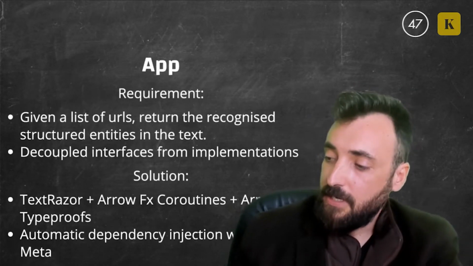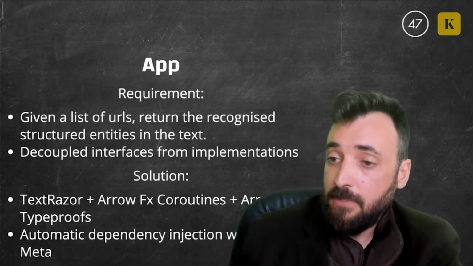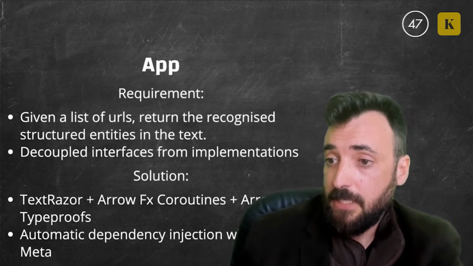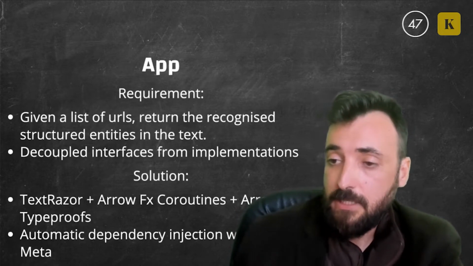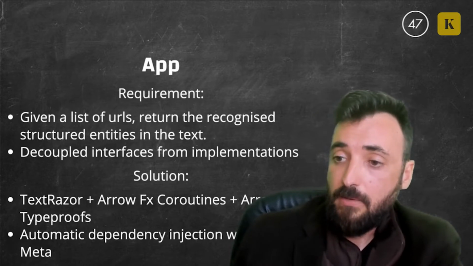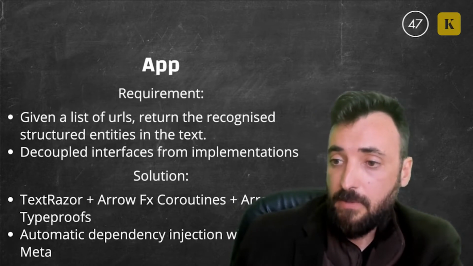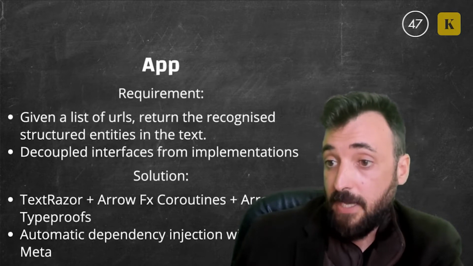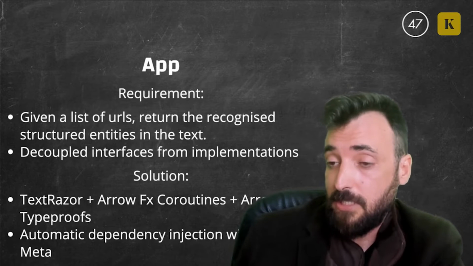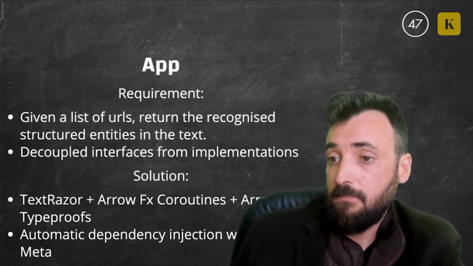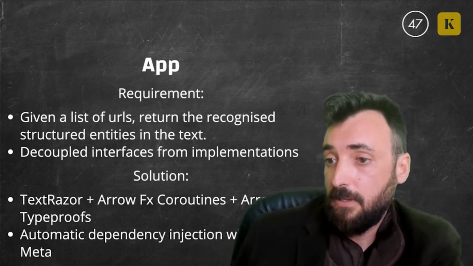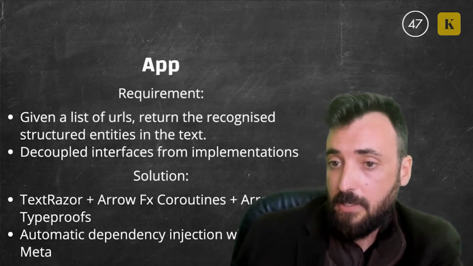So essentially, to demonstrate these features, we're going to be building a very simple app whose main requirement is, given a list of URLs, to inspect them through a remote service and find structured entities from the unstructured text. So we will see things like maybe mentions of technology or other things in those URLs.